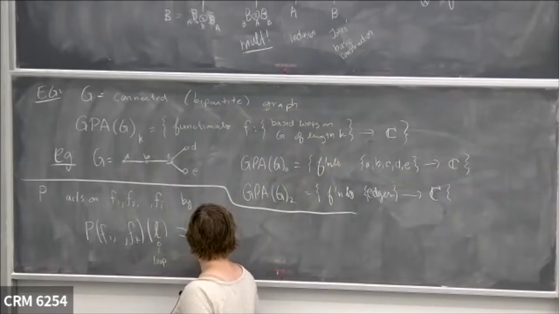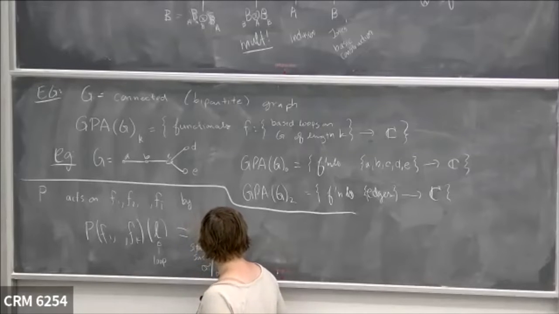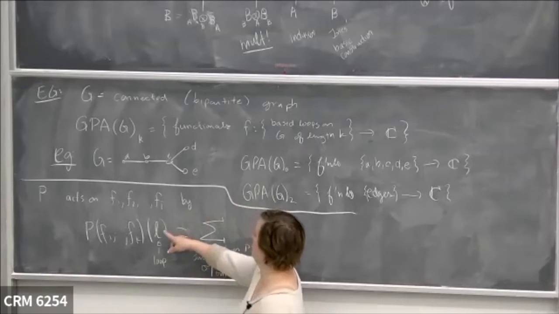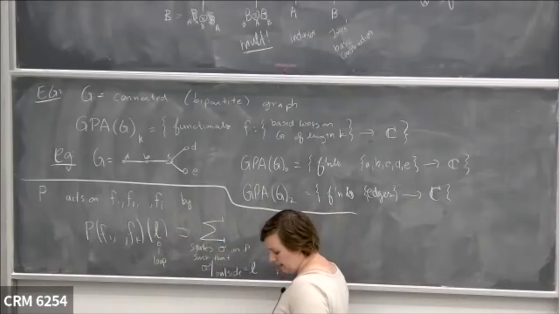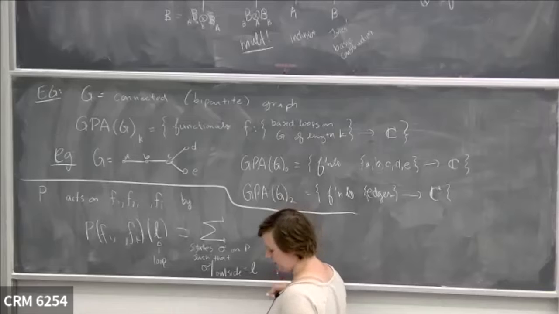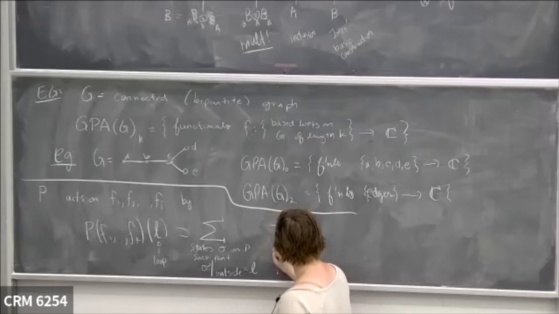I want to look at all states sigma on my planar diagram P, such that sigma, when I read around the outside boundary circle, gives back the loop L. And now, for every state like that, I take the product over all of the interior boundary circles.